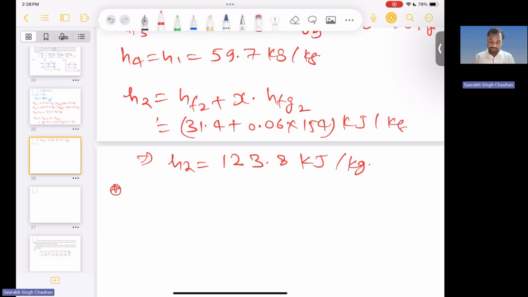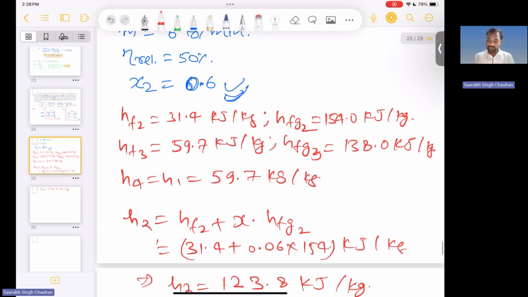Then for process 2 to 3, that is an isentropic process, right?